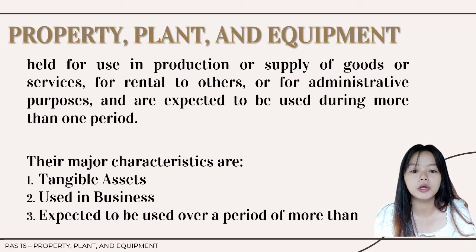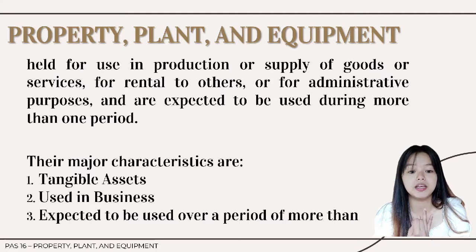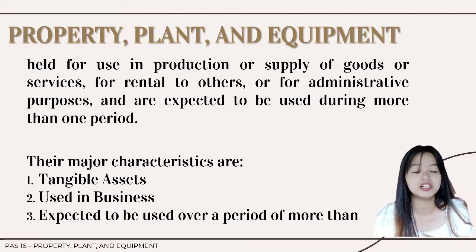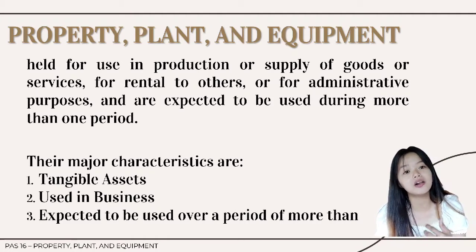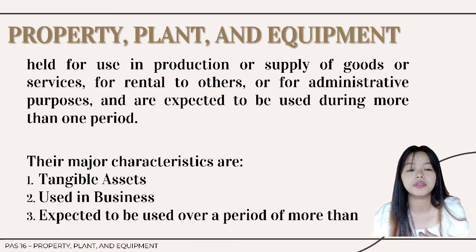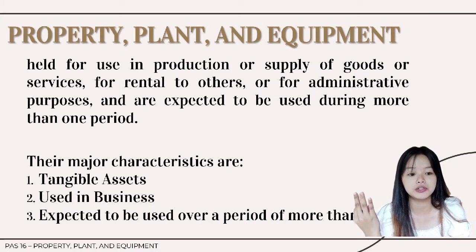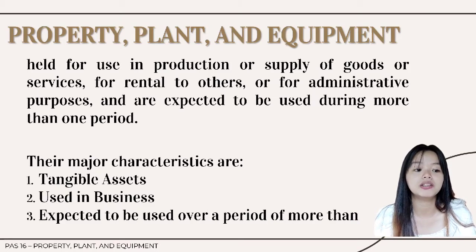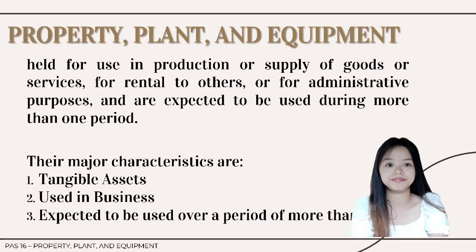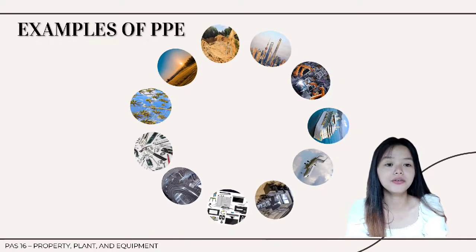So, for example, yung inyong factory, that is PPE. For example, you have a machinery that is for rent, that is also considered as PPE. The third component of the definition is they are long-term in nature, meaning they are expected to be used for more than 1 year. So the standard that governs the property, plant, and equipment is PAS 16.